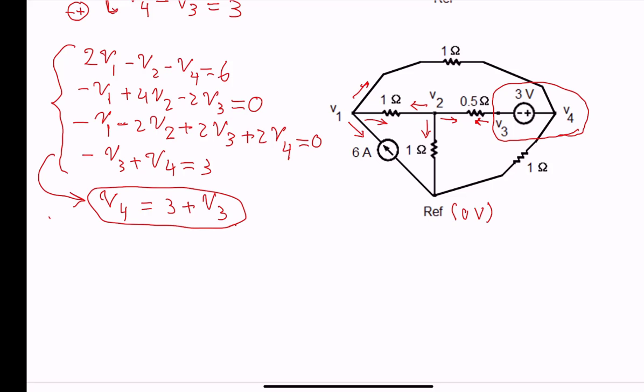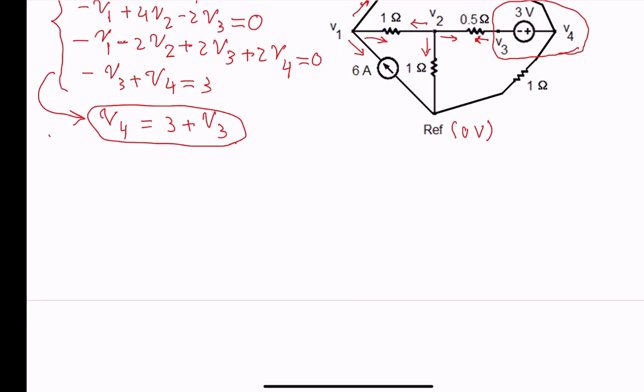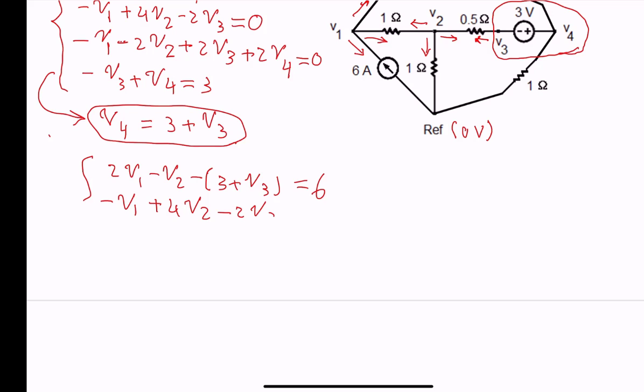Put that in the previous equations. We get 2v1 minus v2 minus 3 plus v3 equal to 6. Negative v1 plus 4v2 minus 2v3 equal to 0.